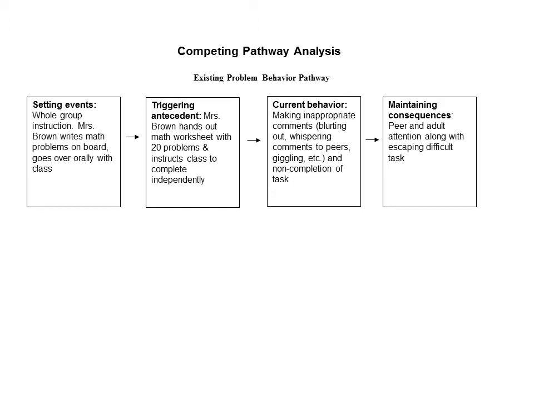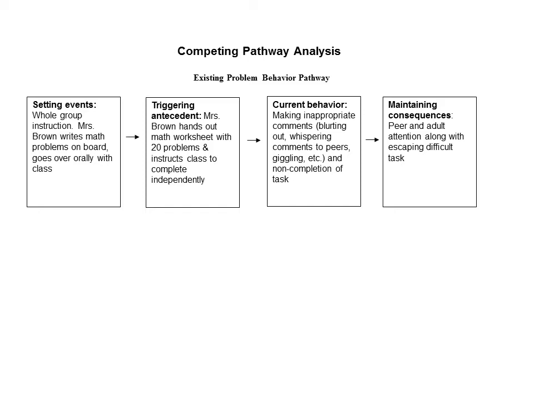So we start with the existing problem. The problem is that he makes inappropriate comments, he blurts out answers or blurts out things, he'll whisper to peers, he'll giggle and laugh, he refuses to complete his work. This usually happens when the teacher hands out math worksheets.